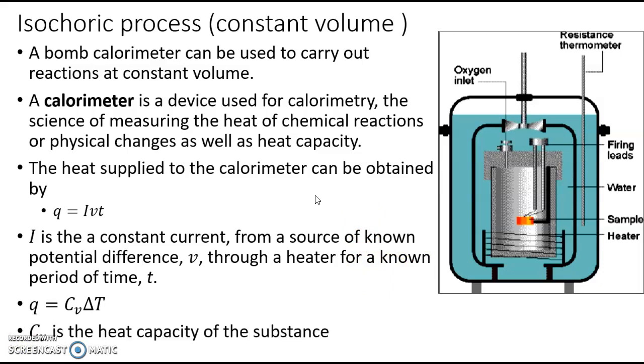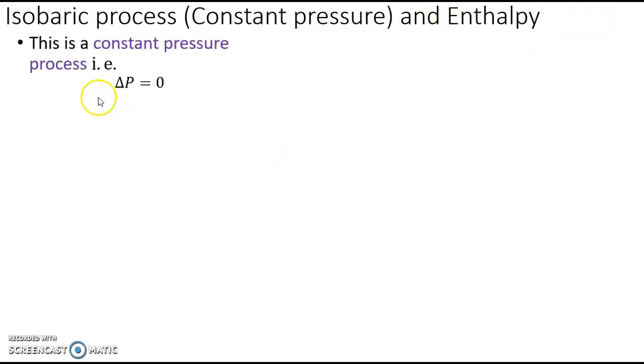So we also have a constant pressure process. We've talked about the constant temperature process and the constant volume process. Now we look at the constant pressure process, and we talk about another state function, the enthalpy. The constant pressure process is a process that's carried out at constant pressure.